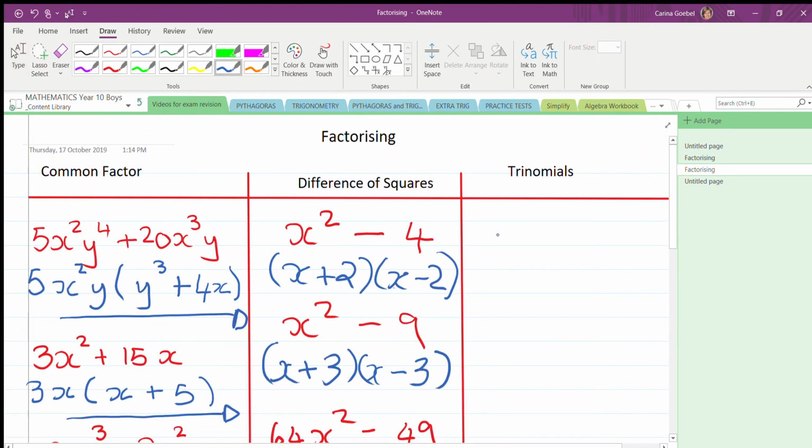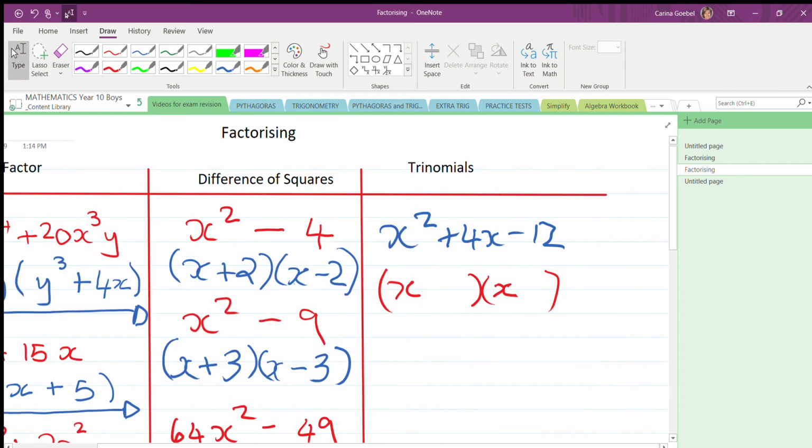So you have x squared plus 4x minus 12. Okay, it's a quadratic, so we need to have our double brackets. You're going to have x and x. Now you need to find the factors of 12, and when you subtract them, that gives you 4.